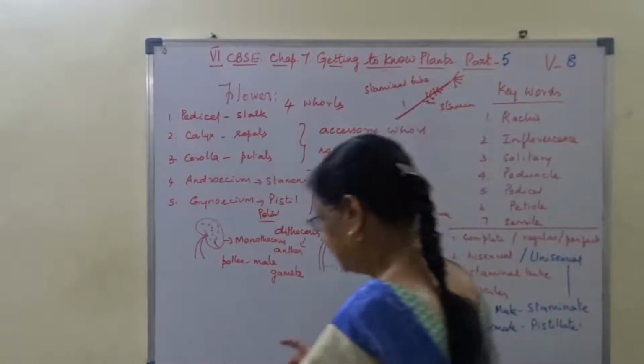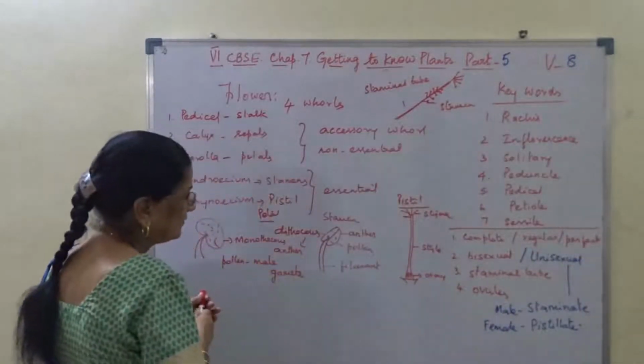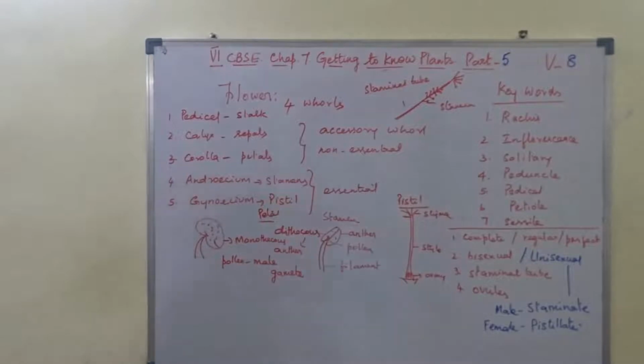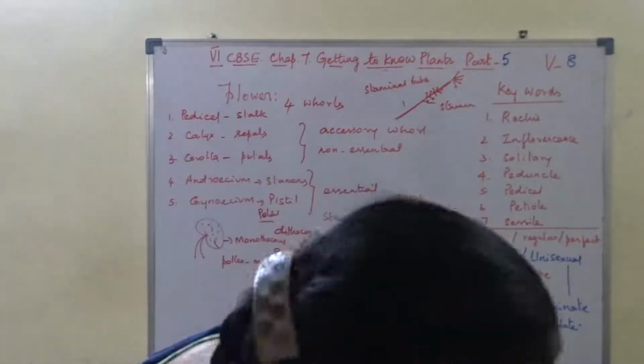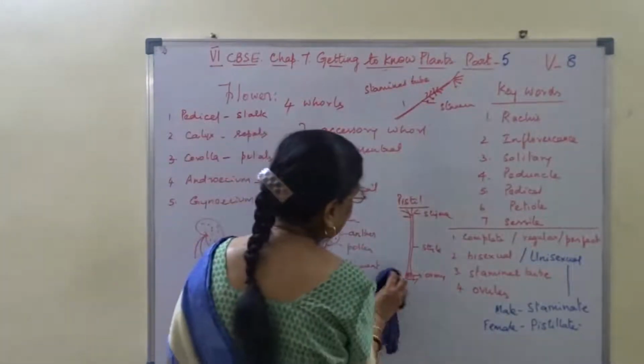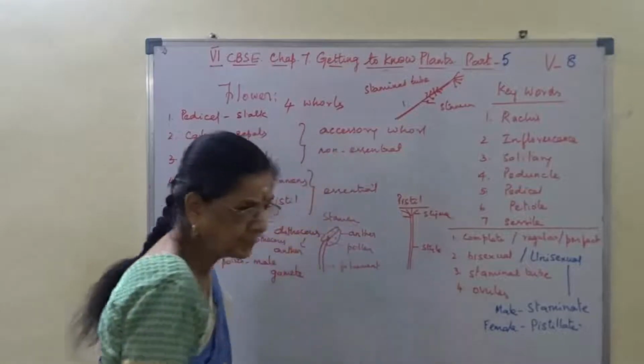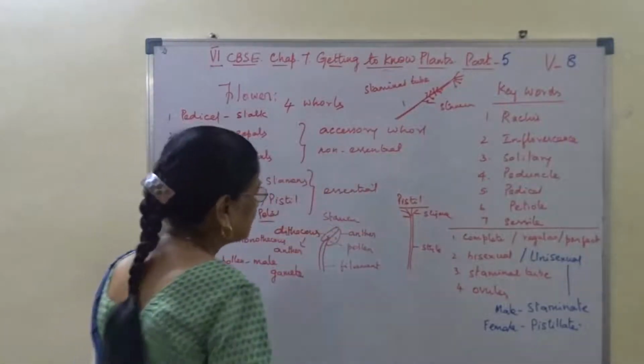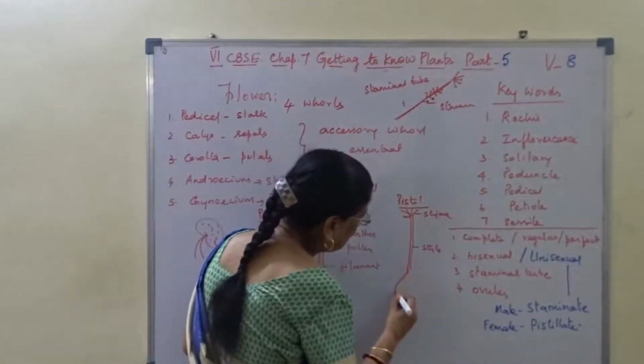Whereas the gynoecium has a basal swollen ovary, like this.